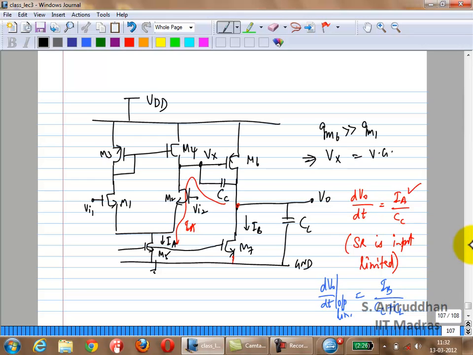We know CL, what about CC? We decided we want to calculate the current from the slew rate, but it looks like we need the value of CC. How do you calculate CC? From the phase margin. If phase margin is 60 degrees, you can calculate CC.